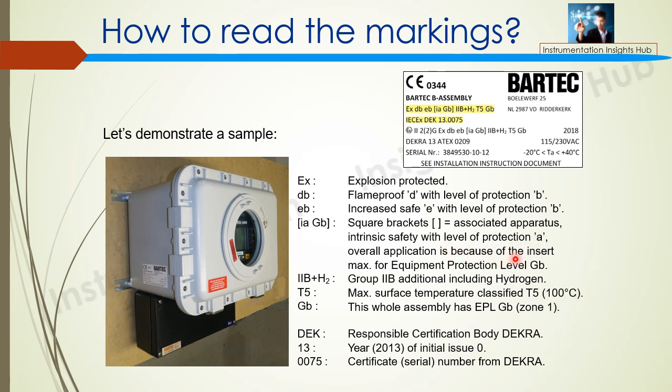The overall application is because of the insert maximum for equipment protection level Gb. This is the gas group. This is the temperature class. The whole assembly has EPL of Gb, so we can use it in zone 1. All right. So this is how we read the markings, right?